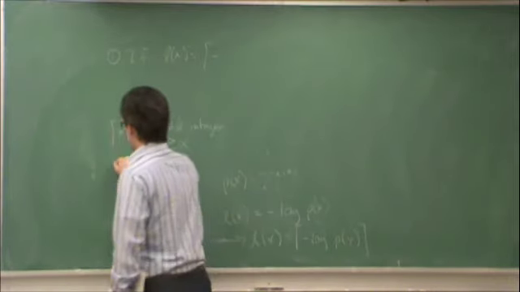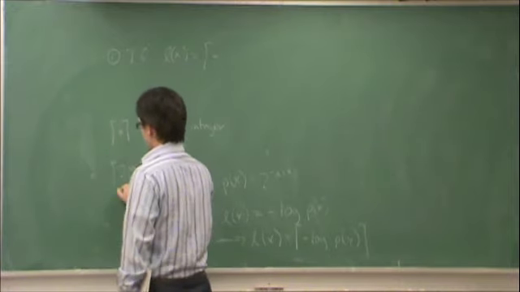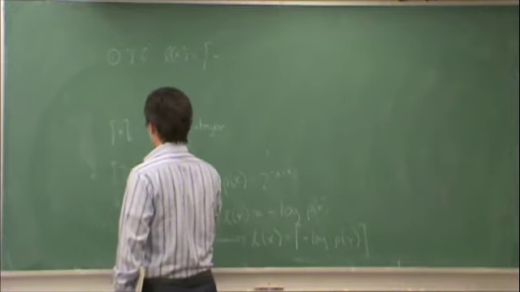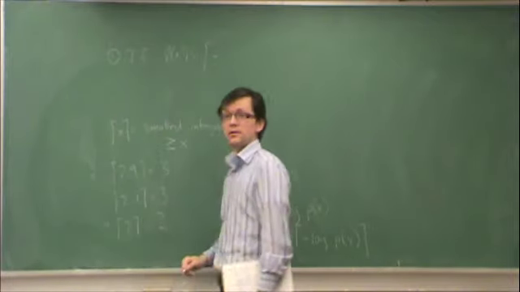So in other words, ceiling of 2.9 equals 3, ceiling of 2.1 equals 3, but ceiling of 2 equals 2.